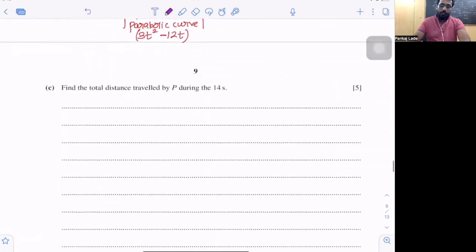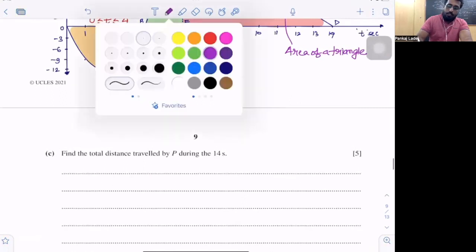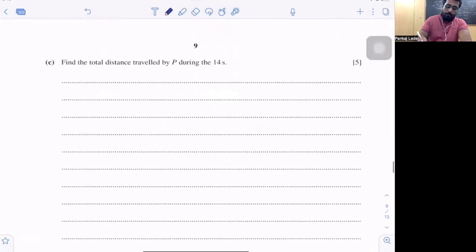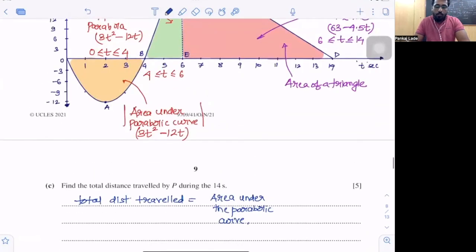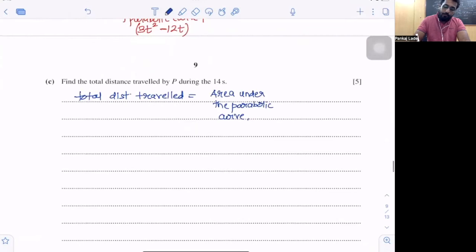So total distance traveled will be area under the parabolic curve whose equation is what? 3t square minus 12t, right?